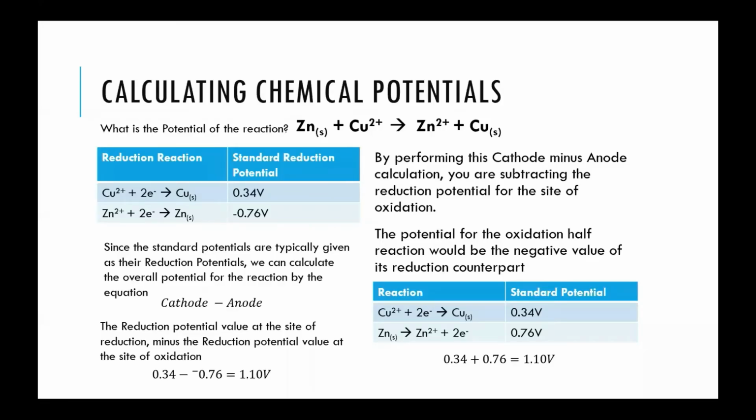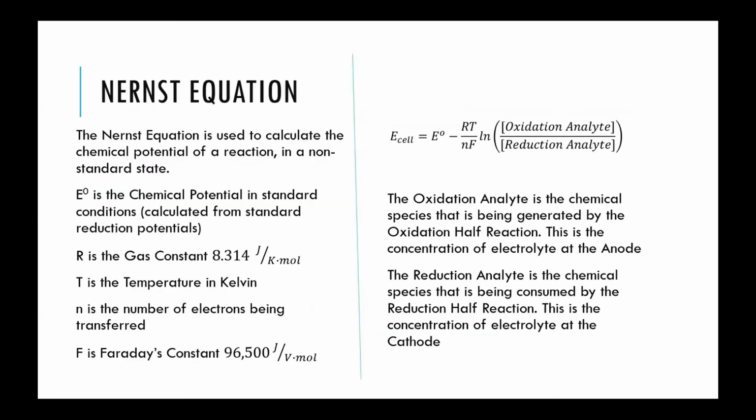Now, this type of simple calculation, just looking at the two different voltages of the two half reactions and then adding them up, or cathode minus anode, can give you the standard voltage under standard conditions. However, chemical reactions don't always occur under the same conditions. And this is where an equation called the Nernst equation comes in.